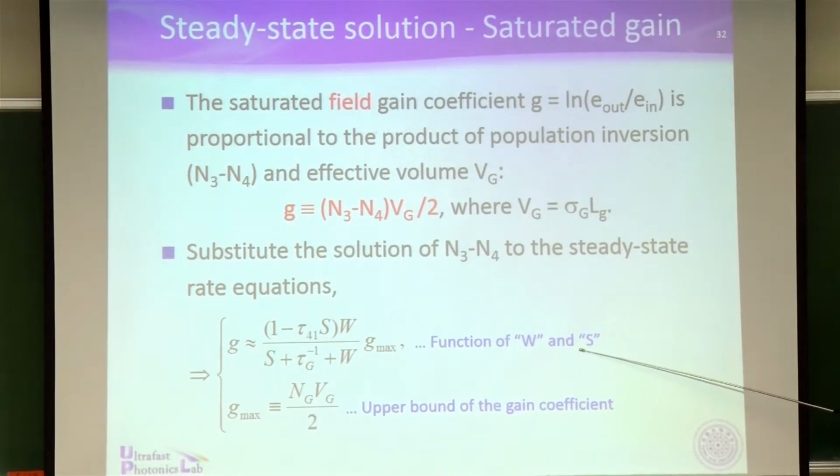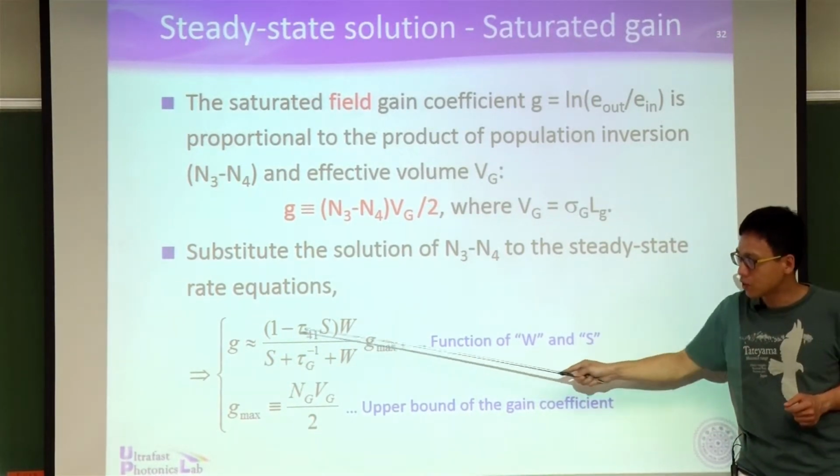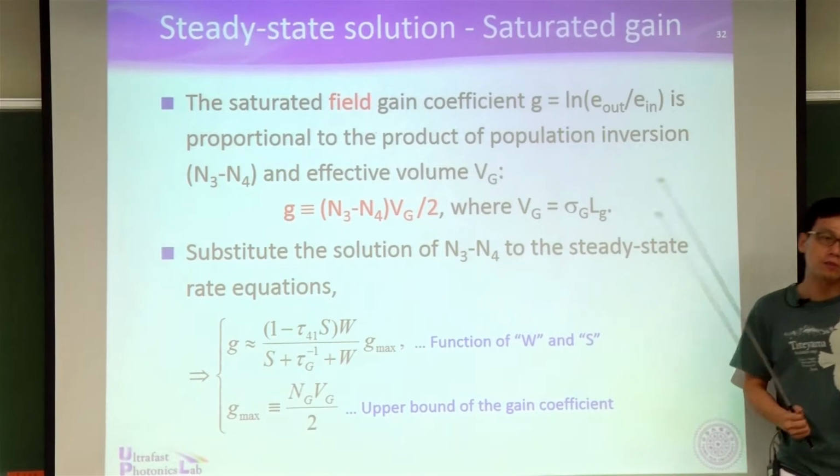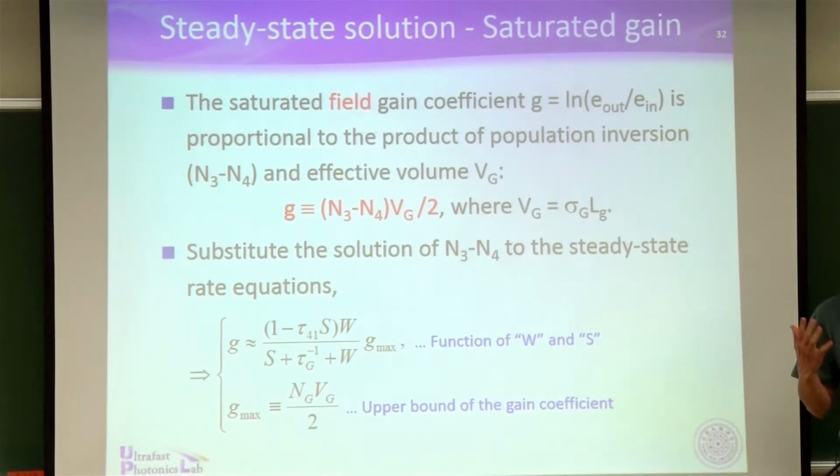In principle, the brighter your light intensity, S is larger, you will have a smaller gain coefficient due to gain saturation, as I mentioned. Why you have extra photons? You pay the price. The price is the reduced gain. So if S is larger, actually you will have a smaller gain coefficient.